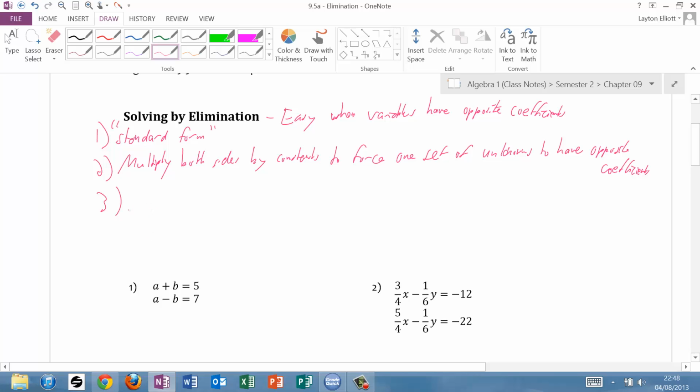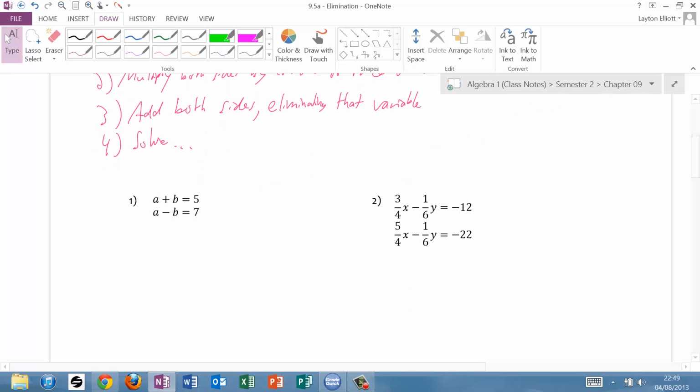Step 3 is to add both sides, eliminating that variable. Step 4 is to solve, and we'll kind of leave that as the dot dot dot here.